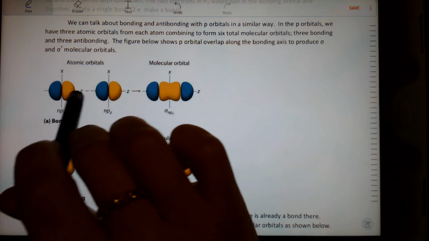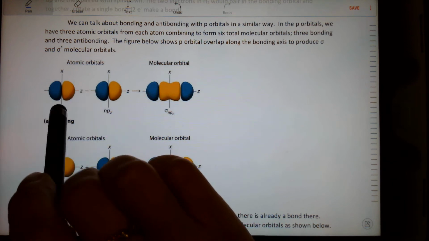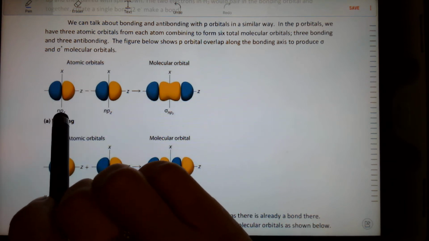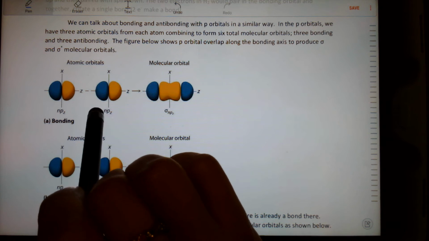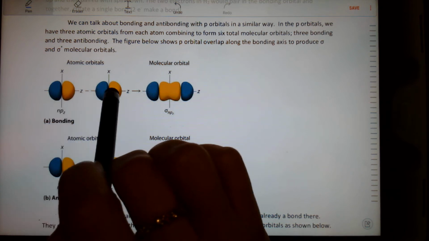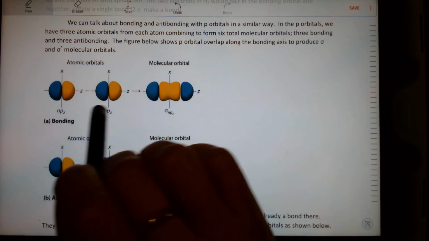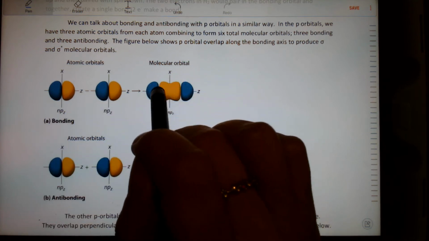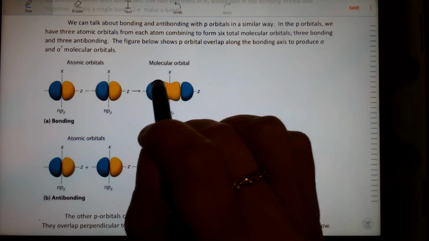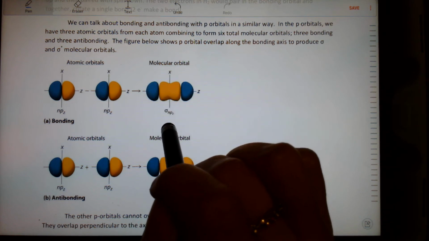Okay, so Z is along the bonding axis, so here's what we have. If we combine these two in phase, so orange is the same phase, blue would be the same phase also. So we can combine them in the same phase, where yellow is pointing towards yellow, so we get constructive overlap. That's called sigma nPz.